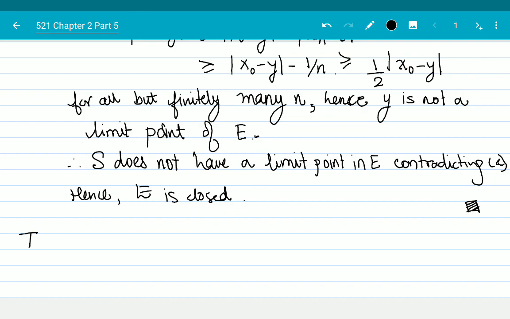Last theorem, theorem 2.42. This is called the Weierstrass theorem.